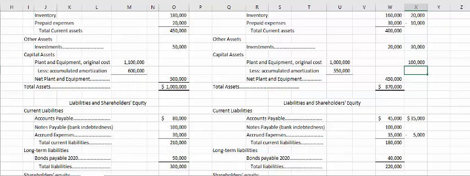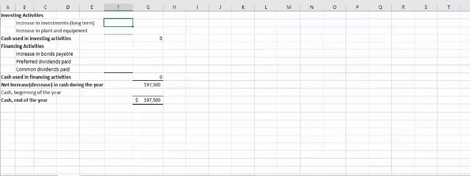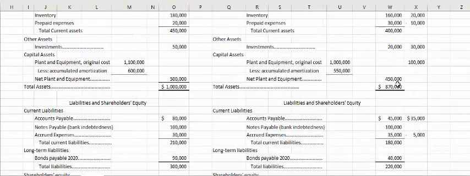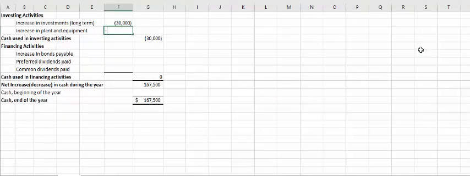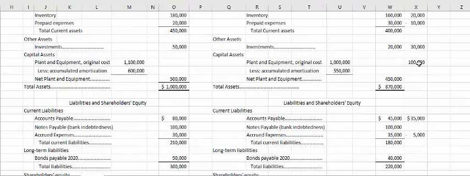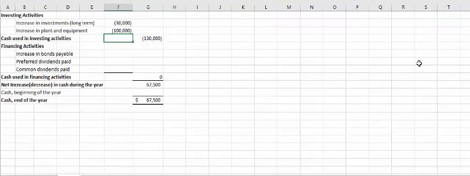Let's put those two numbers in. They're both uses of cash. We're going to need to find a way to get this cash. So $30,000 for the investments and $100,000 for the extra plant and equipment. And our net investing activities have used up $130,000 in cash.